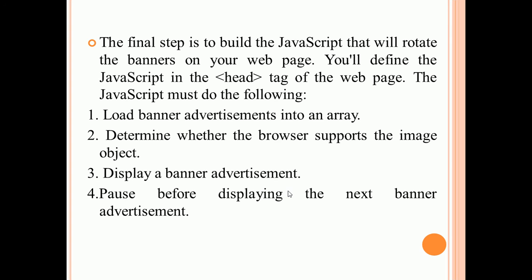By performing all these steps, the banners will be displayed on particular web pages. In the next tutorial, we will practically see how to create the banners and how to display them on various web pages using JavaScript code.